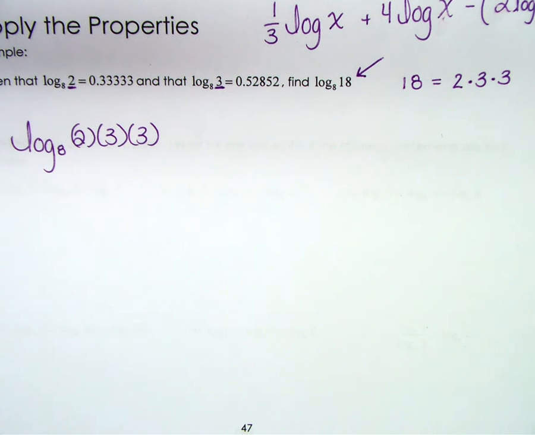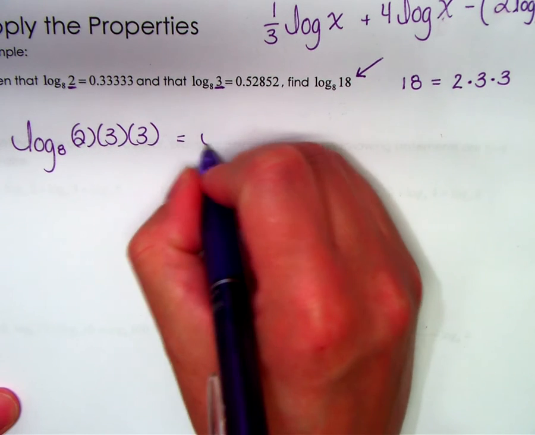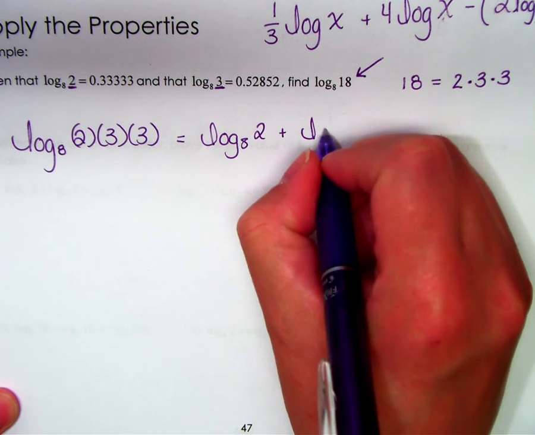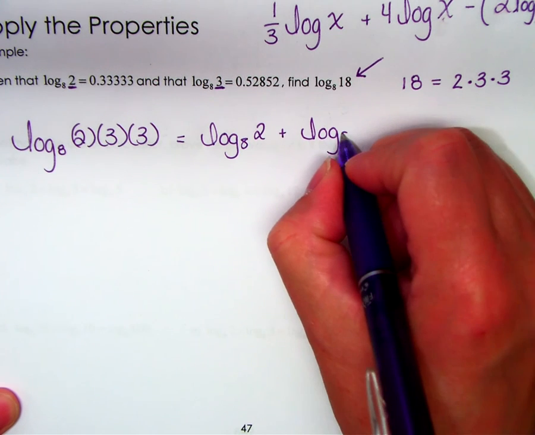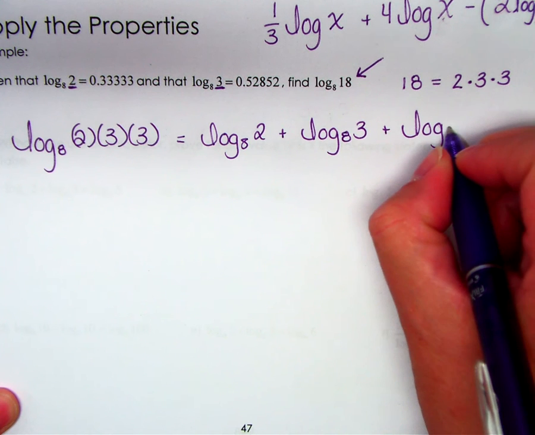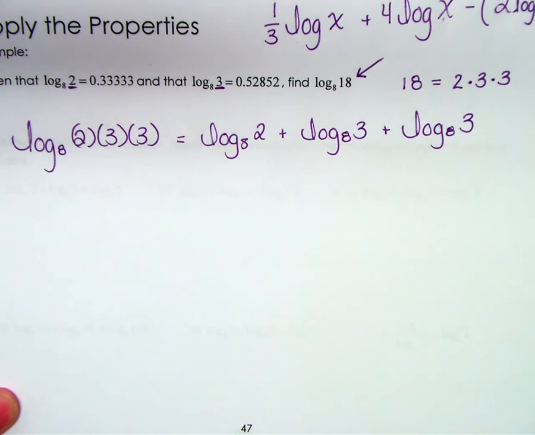They're multiplied. So what's the log law for multiplying? Adding. So this is log base 8 of 2, plus log base 8 of 3, plus log base 8 of 3.